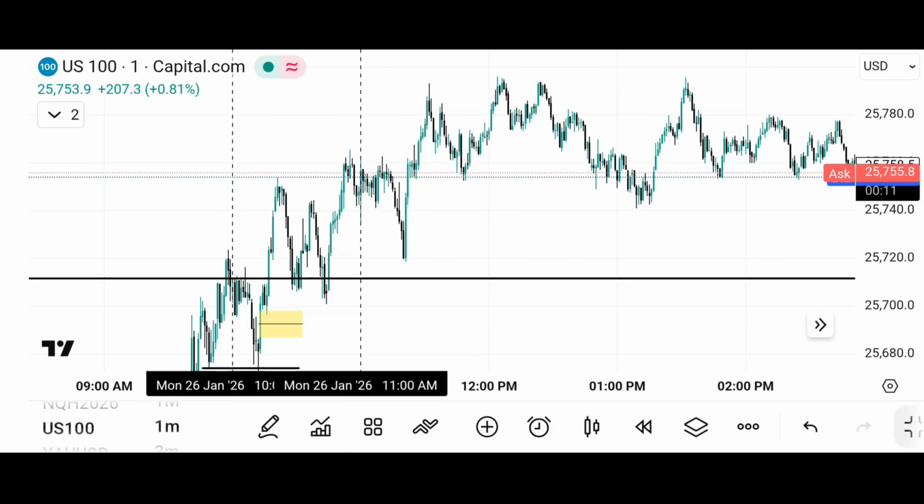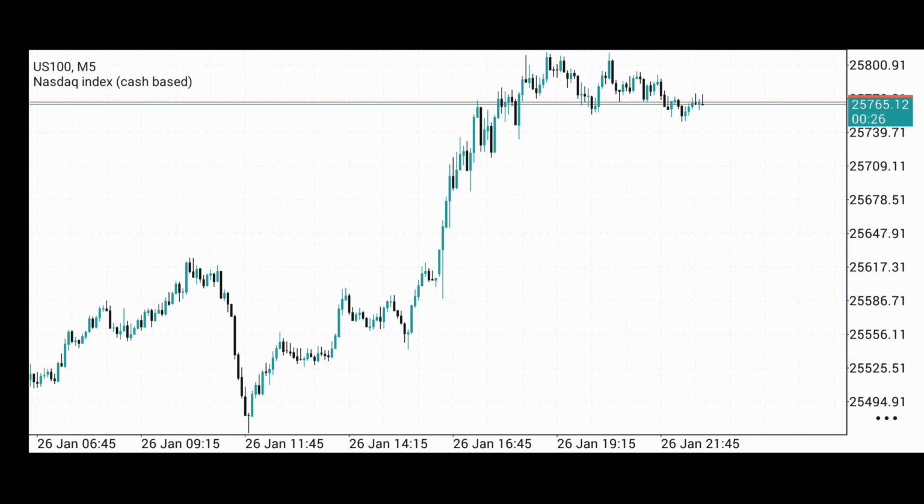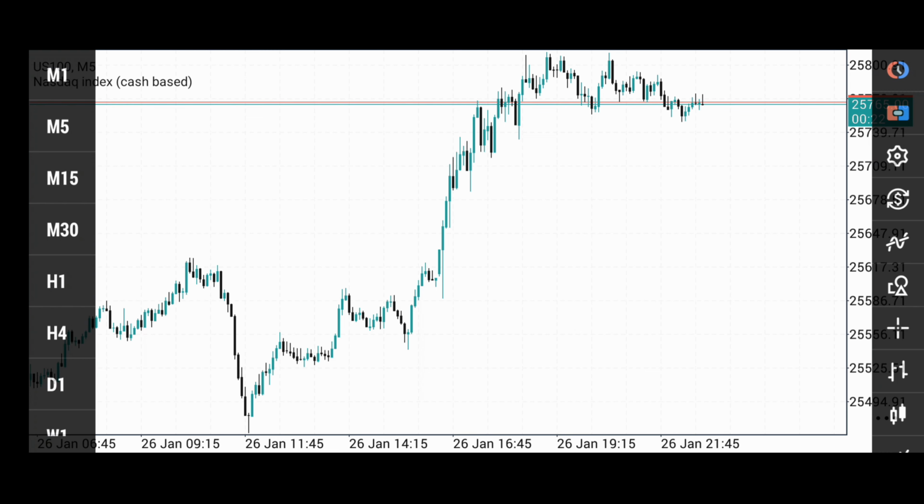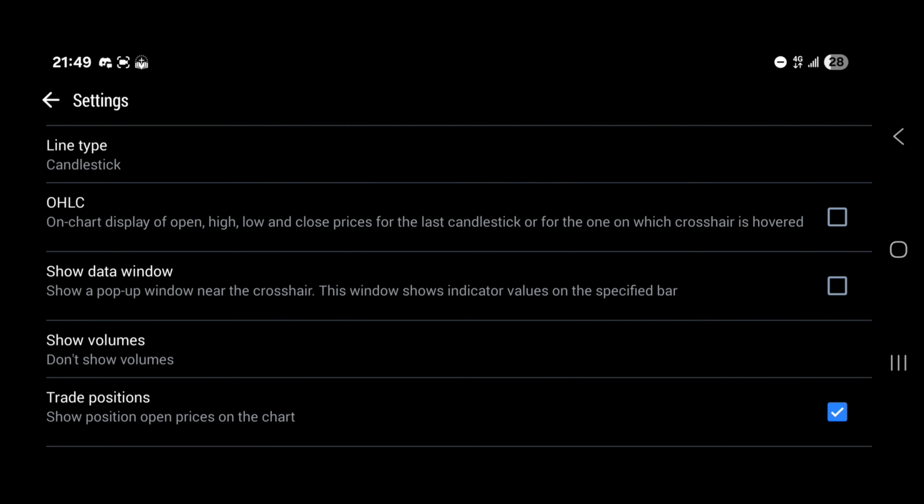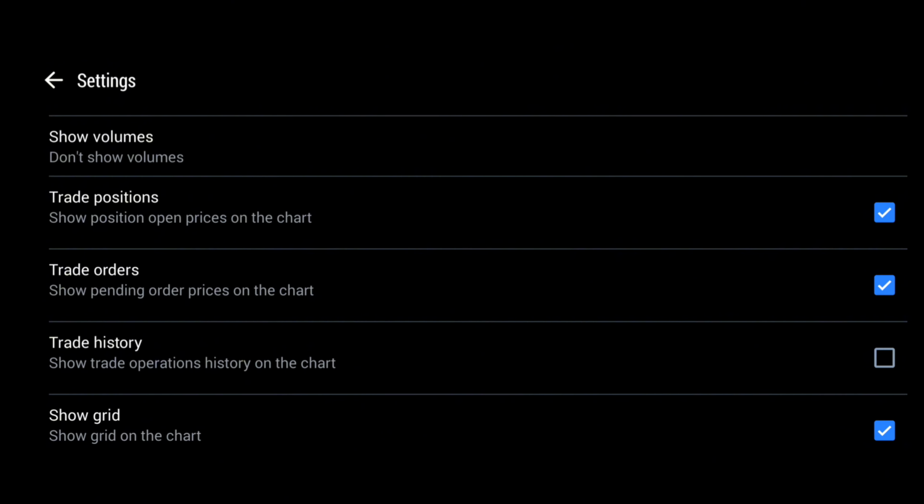So quickly, I'll be showing you the executions I made on my MT5 on my profit accounts. So this is a 5 minute time frame, and let me show you the trade orders, the trade history I mean.